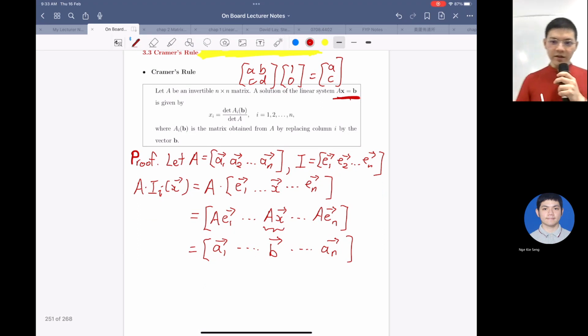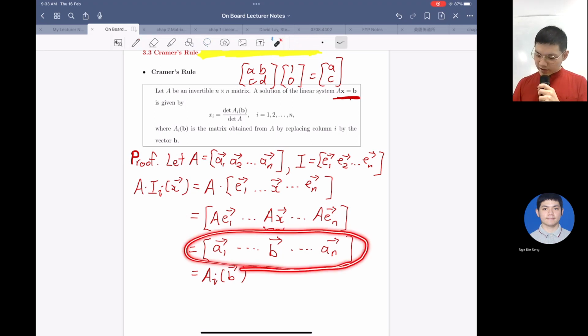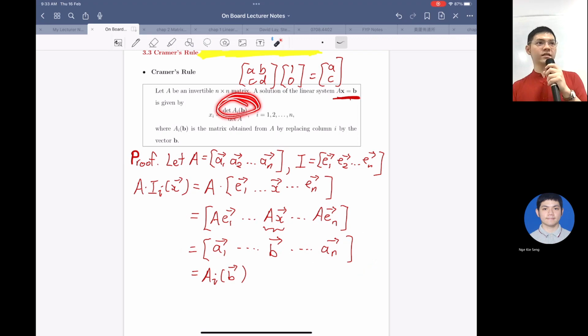This is actually A_i(b), the matrix A where the ith column is replaced by b. This is exactly this thing here.